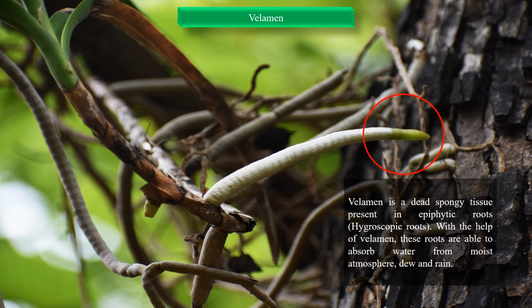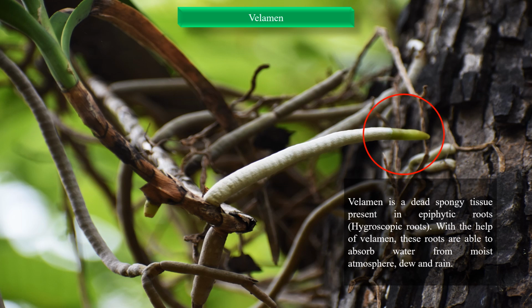Velamen is thought to function in water capture by the roots and in water retention in dry conditions. The epiphytic orchids are prone to dehydration because their aerial roots typically only cling to the host tree's branches, surrounded by leaf litter rather than actual soil.